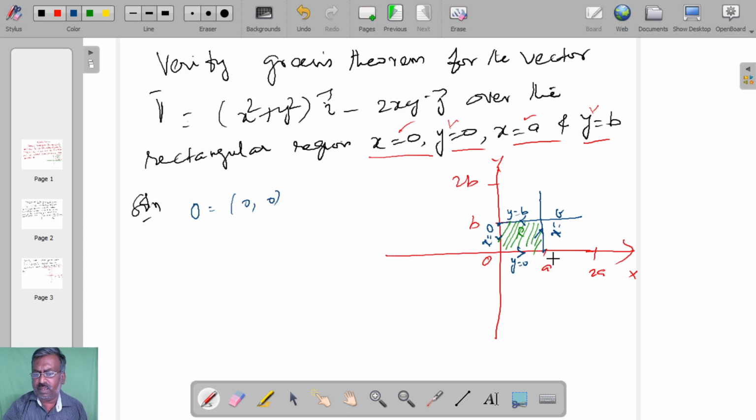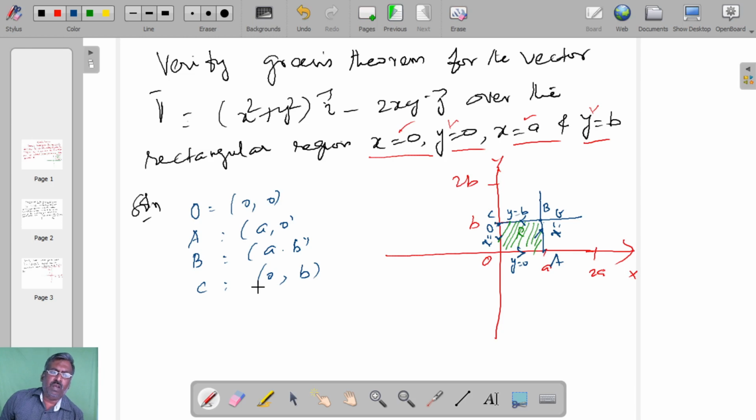Next we take another point A as a, 0, and the next corner P as a, b, then C as 0, b. Okay. Now we are going to apply Green's theorem for this.